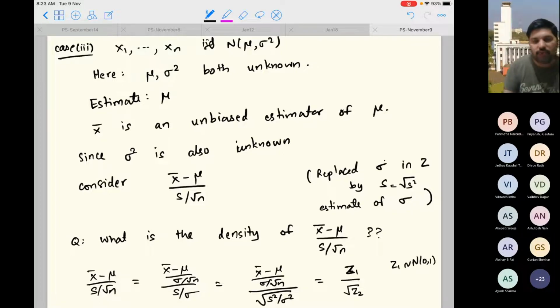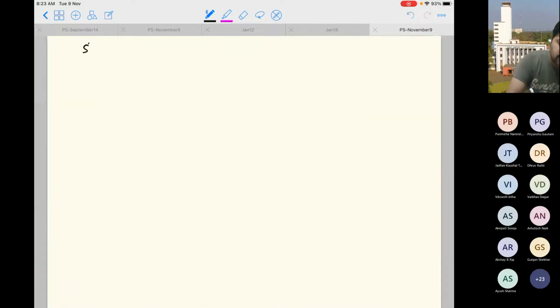So we already know that z1 follows normal 0 1. Okay, so we are looking at a ratio of two random variables. And what are these two random variables? z1 follows this, and then s square by sigma square we can write as n minus 1 s square by sigma square, into 1 upon n minus 1. Do you all agree?